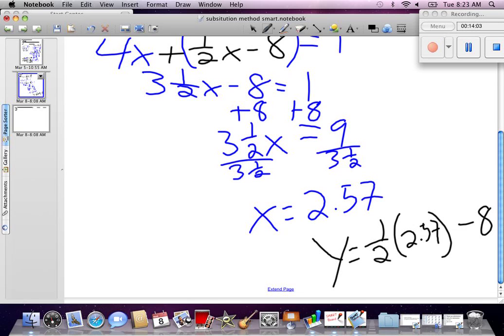One fraction half. 3.5 is not how you put it in there. Okay, so I get 0.5 because it's the same as 1/2 times 2.57. I get 1.285 and I subtract 8 from that. So I get y equals -6.715.